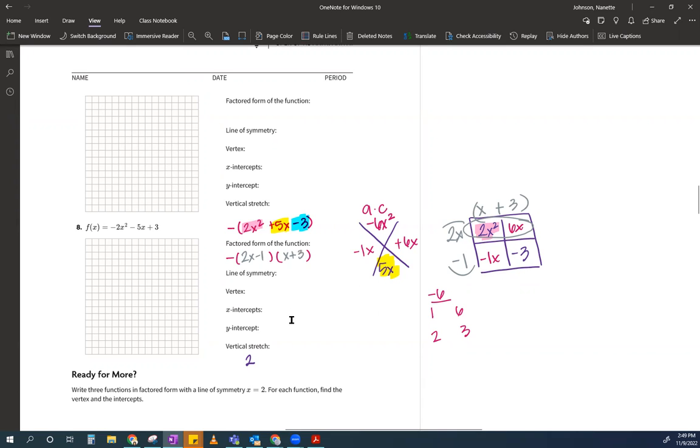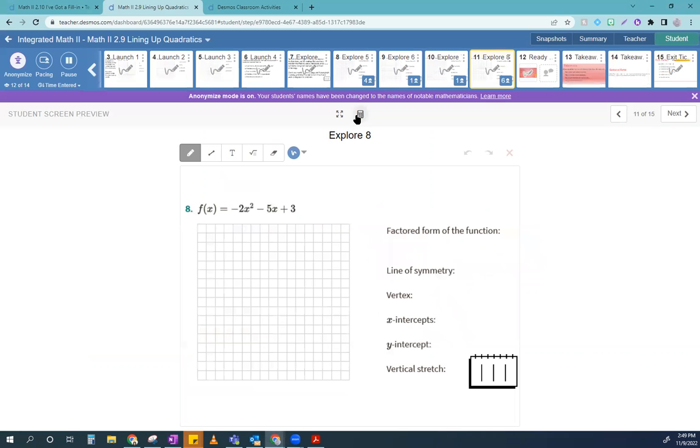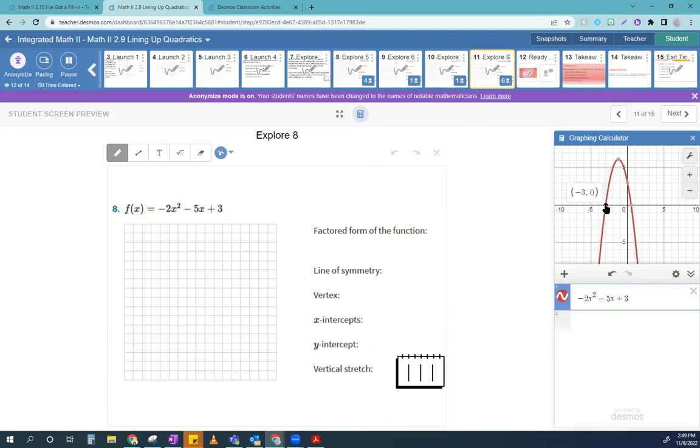So, Ms. Johnson, what do I do with my intercepts? Yeah, this one's a little funny, right? So if we actually graph this one out, you'll understand a little bit more why that is. Let me go grab this guy. So I'm going to graph this really quick, and then I want you to focus on your intercepts. Okay, this intercept made sense at negative 3, right?